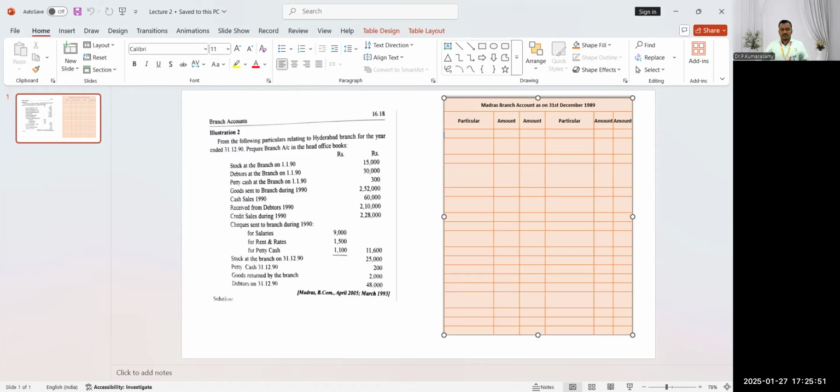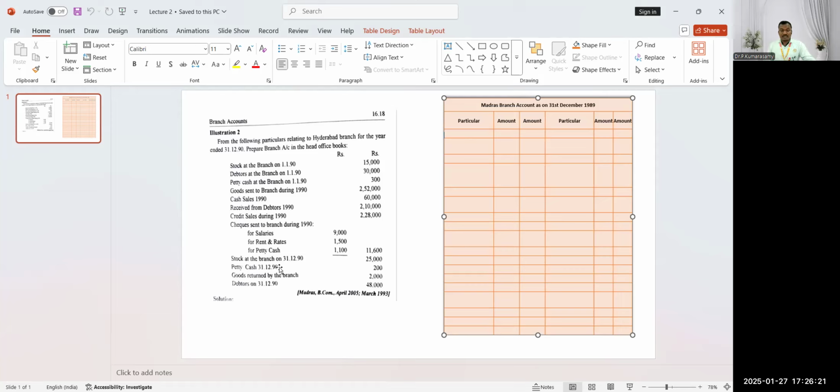So what are the things we should take and prepare the branch account ledger? The data given: opening stock, opening debtors, petty cash opening, goods sent to branch, cash sales, cash received from debtors, then credit sales, cheques sent to branch for expenses of salary, rent, and other petty cash.